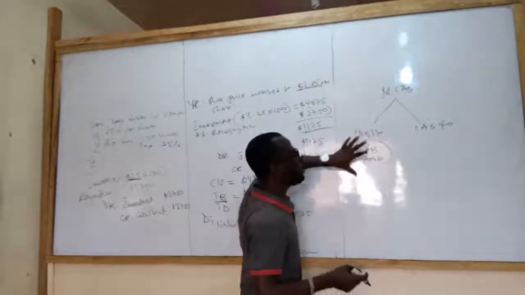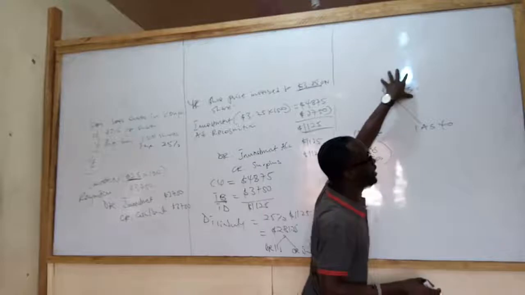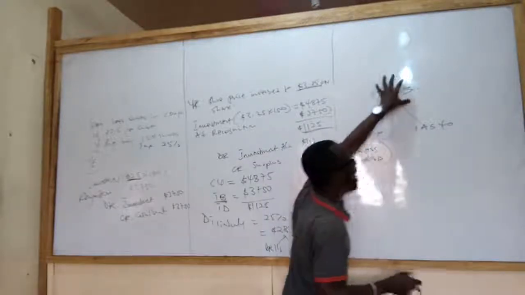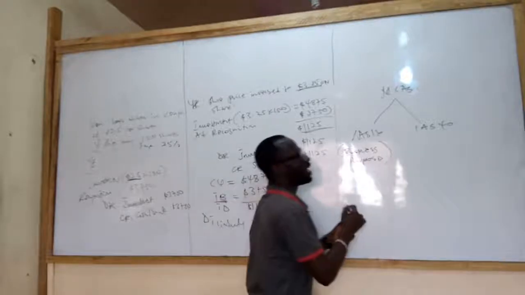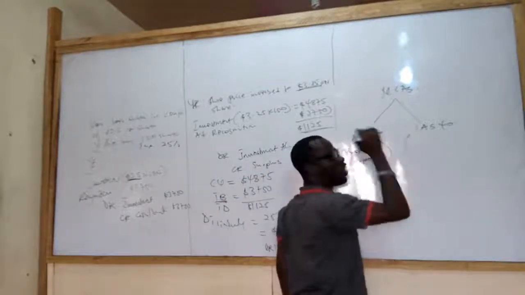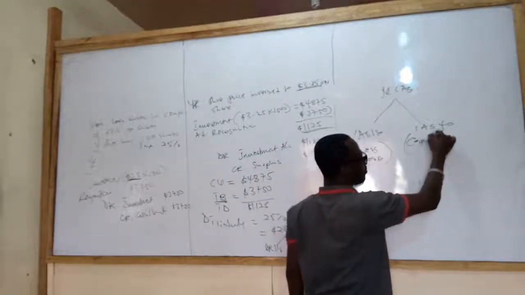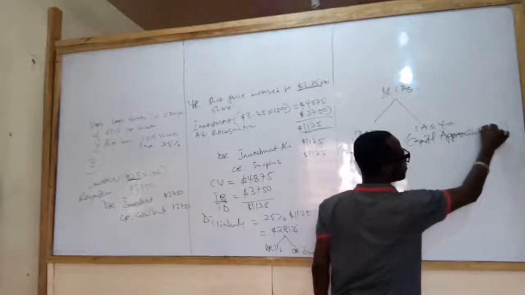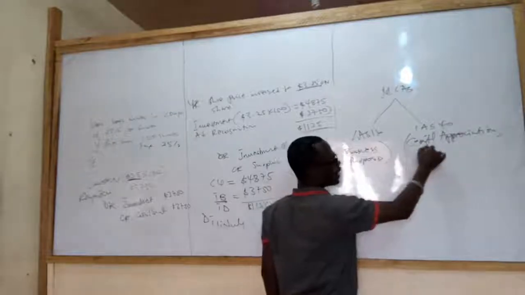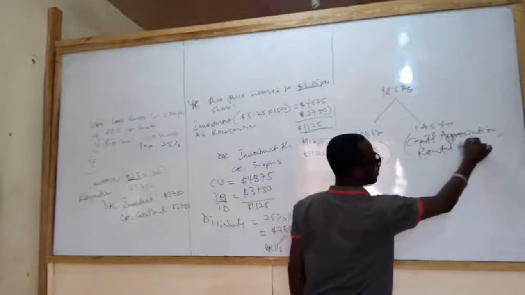But sometimes companies acquire assets, companies lease assets, and they are not leasing or acquiring the assets for business purposes, but they are leasing or acquiring the assets for capital appreciation because they want to sell it later on in the future, or for rental purposes.